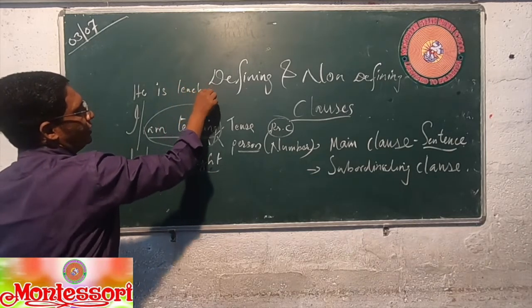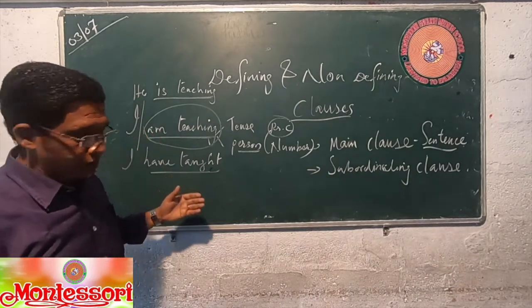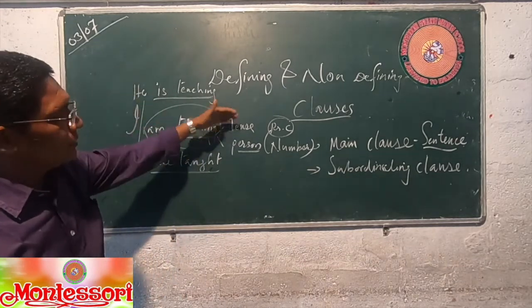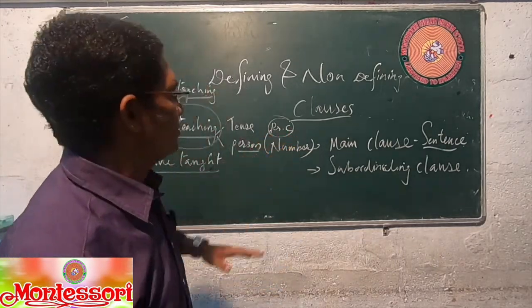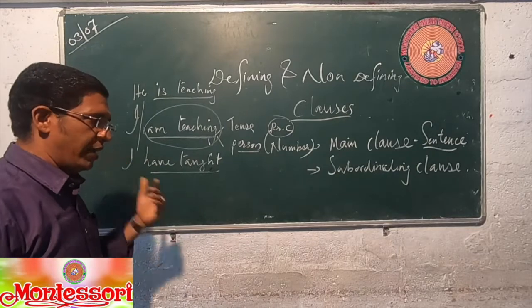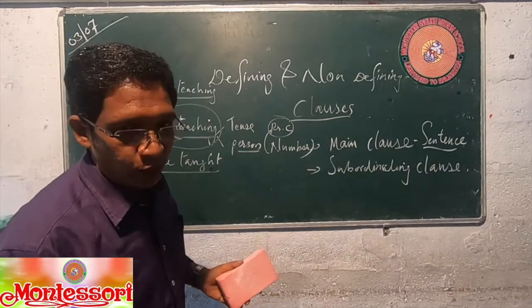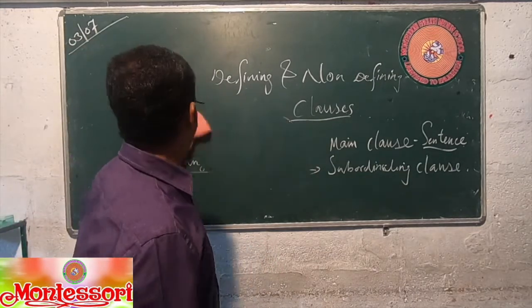See, the verb is changing according to the person. So the verbs which change according to the tense or person are called finite words. And a main clause is a sentence where a finite verb is there.